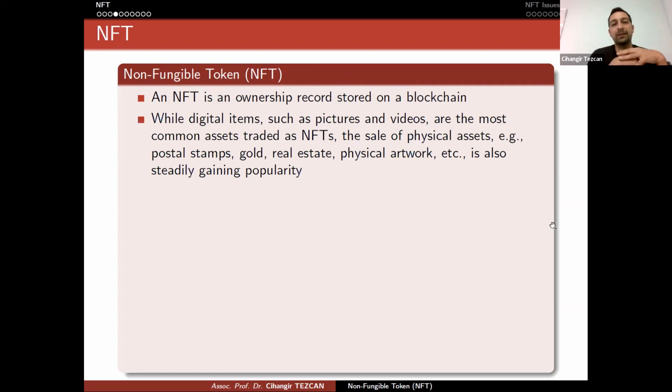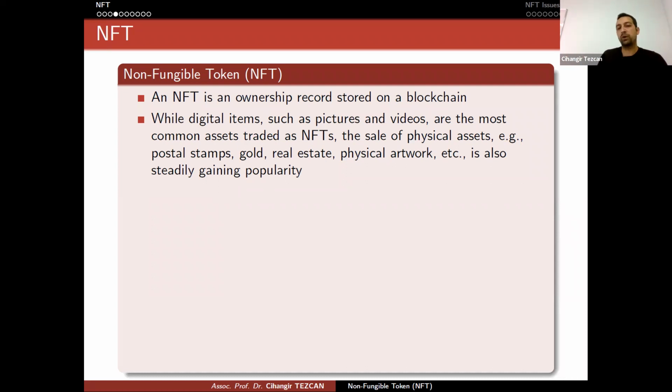While digital items such as pictures and videos are the most common assets traded as NFTs, the sale of physical assets, for example postal stamps, gold, real estate, physical artwork, etc., is also steadily gaining popularity. Of course you can sell your car using an NFT, but since there is not a direct connection between your car and the NFT, people wouldn't buy it, right?